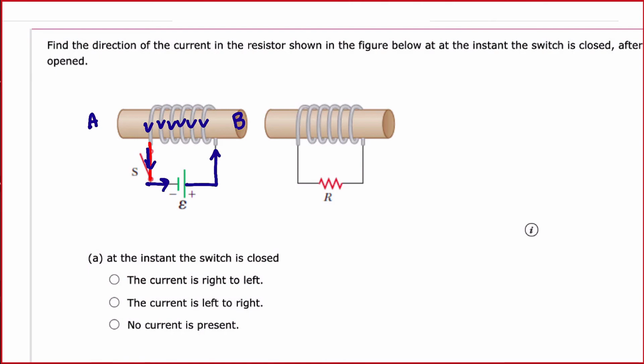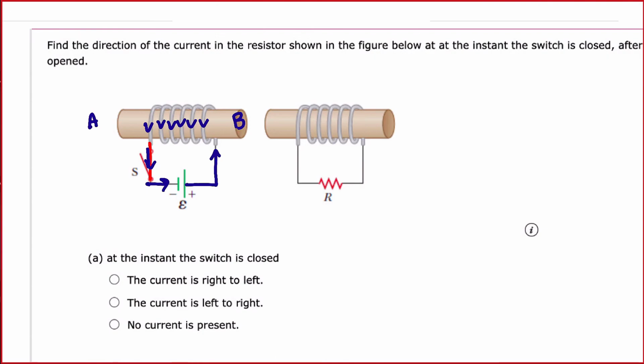That means your fingers should curl down in the direction of the current, while the thumb points in the direction of the north pole.